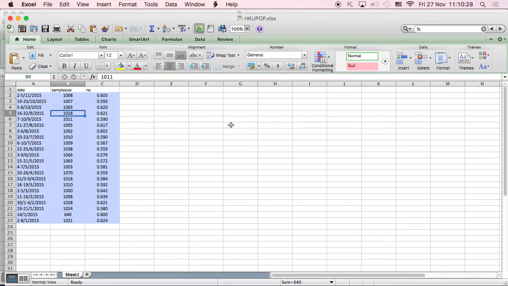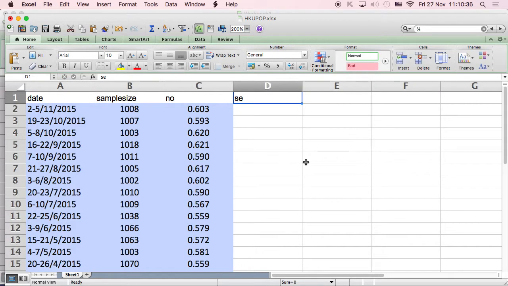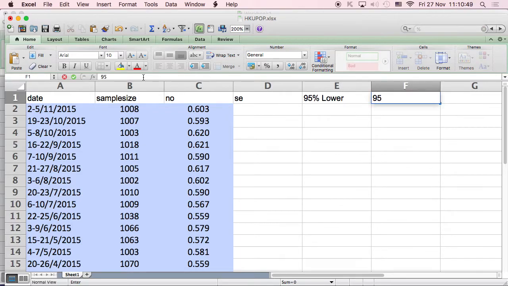We can just plug the numbers into the Excel formula. Okay, zoom in. We need the SE, the 95% lower, and the 95% upper.